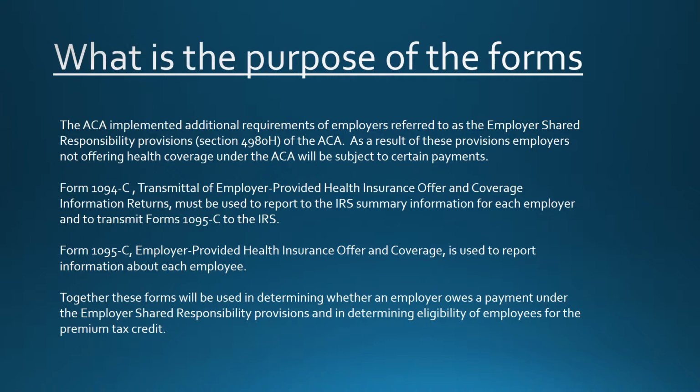Together, Forms 1094C and 1095C will be used in determining whether an employer owes a payment under these provisions and in determining eligibility of employees for the premium tax credit.